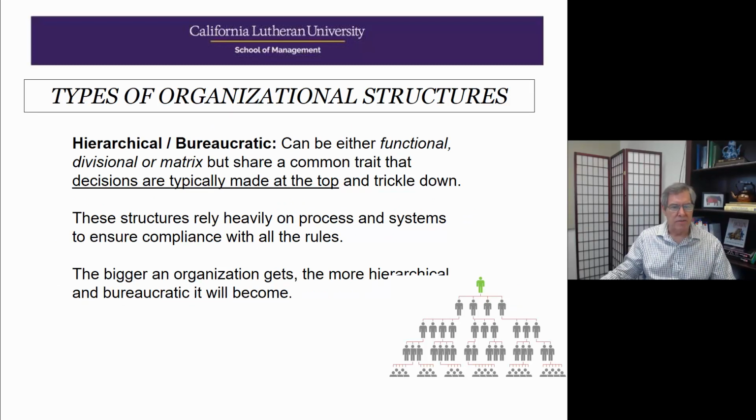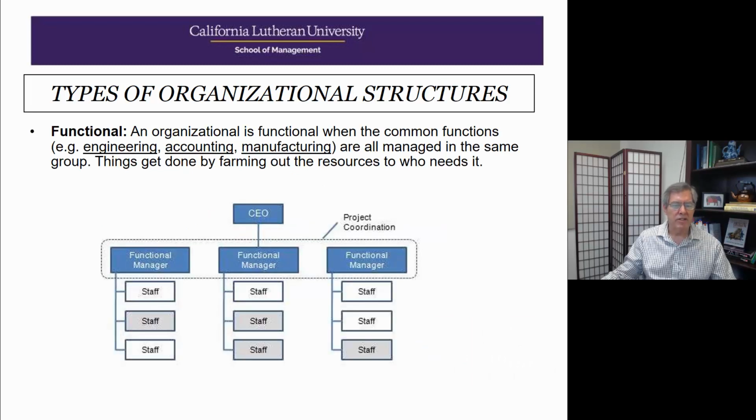Types of organizational structures. So you have bureaucratic structures. These can be either functional, divisional, or matrix, but share a common trait that decisions are typically made at the top and trickle down. These structures rely heavily on process and systems to ensure compliance with all rules. The bigger the organization gets, the more bureaucratic it will become. The functional organization.